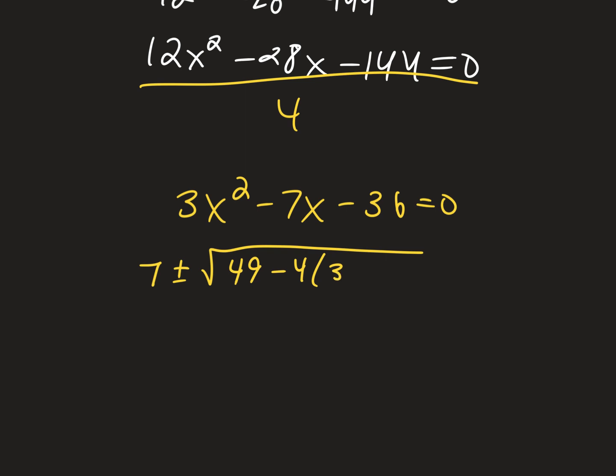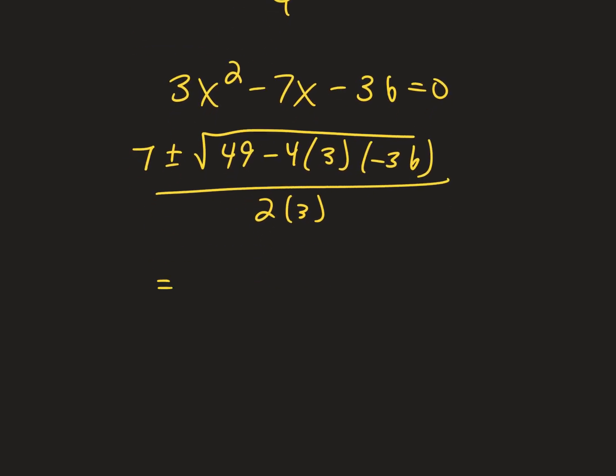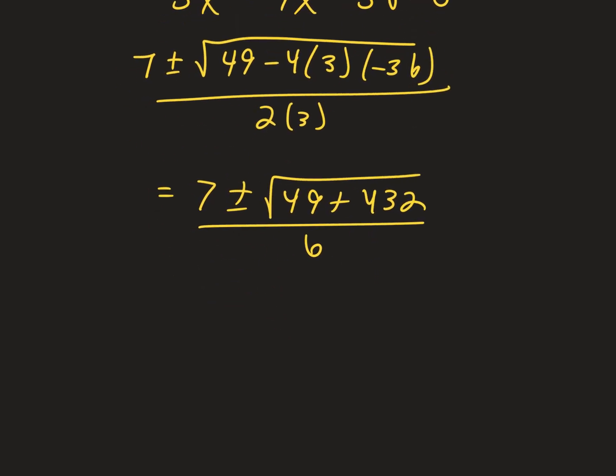Minus 4 times 3 times negative 36, all divided by 2 times 3. 7 plus minus, what's 49 plus 4 times 3 times 36? 432? Okay, over 6.